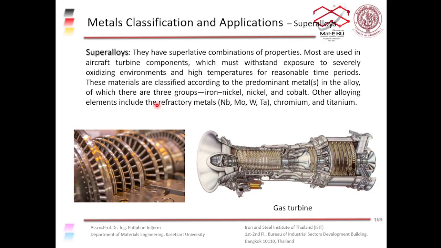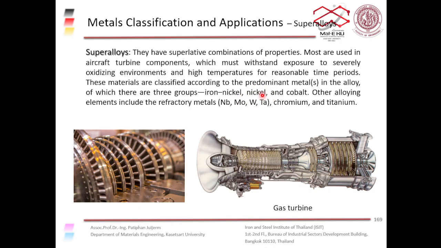Refractory metals are metals with high melting points, and when you add them to an alloy, you will make that alloy stronger at higher temperature. You will make it more able to withstand higher temperature, right?